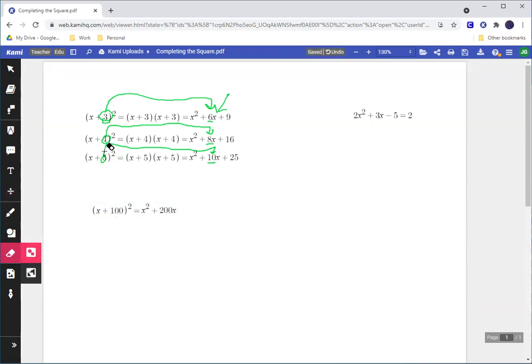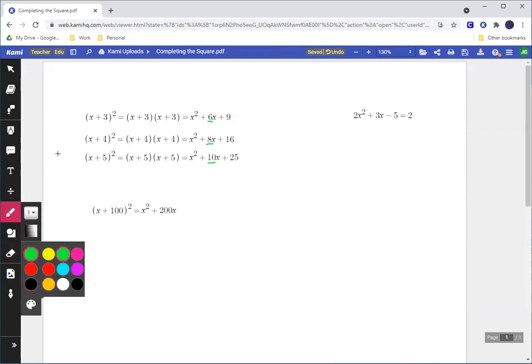Important side note is that this is the case where x doesn't have a coefficient. So as long as there's not another number other than 1 here, then this will work.